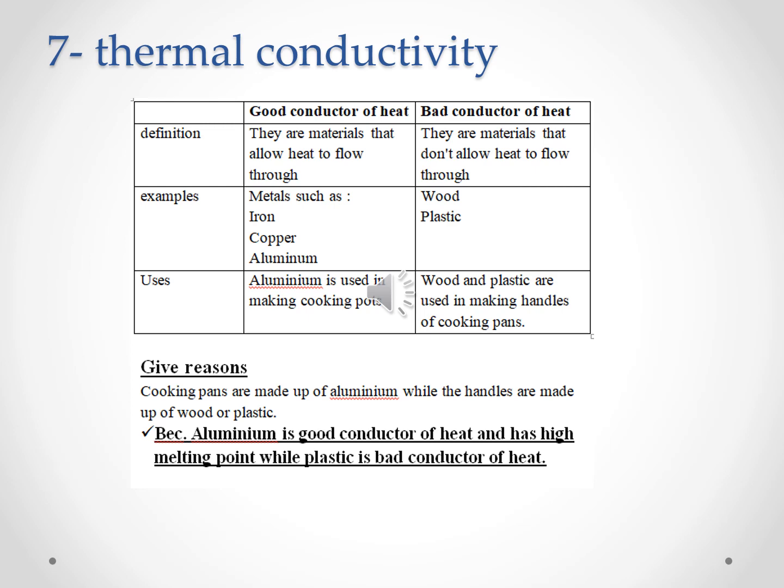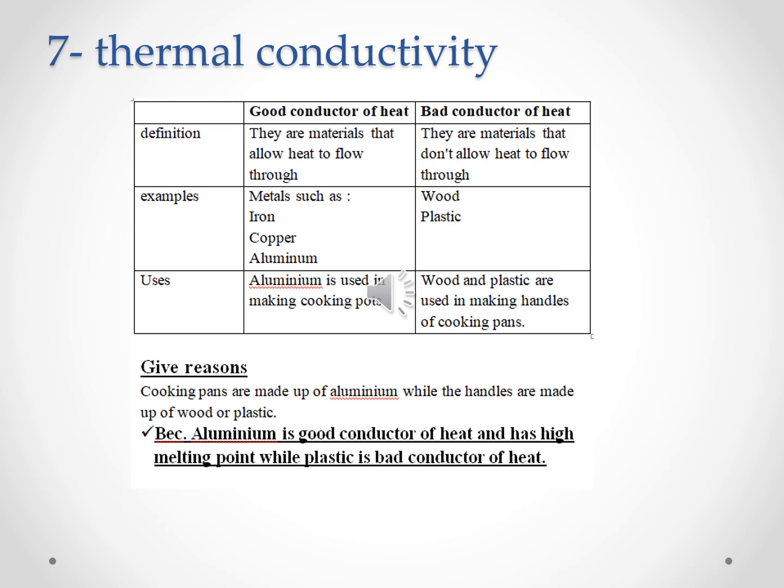And now let's talk about the seventh physical property, which is thermal conduction. You have to know that substances can be classified according to thermal conduction into two parts. The first one, good conductors of heat, and the second one, bad conductors of heat. The good conductors of heat are materials that allow heat to flow.